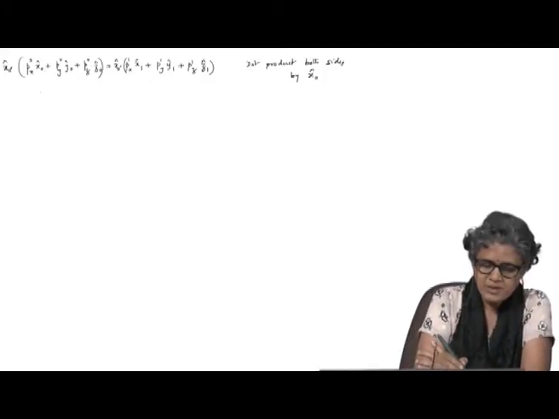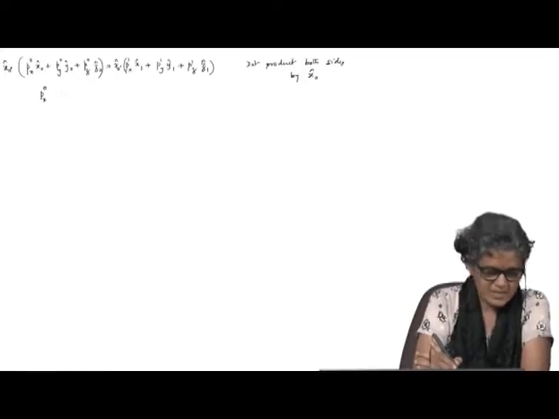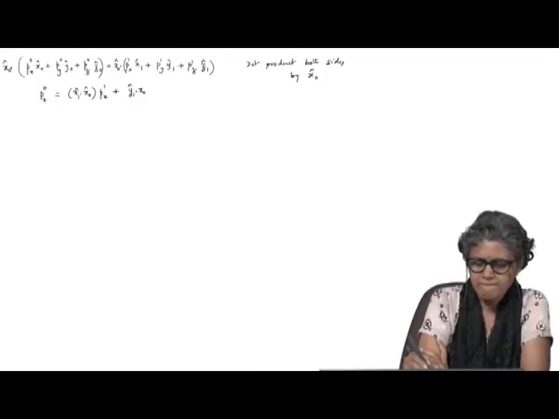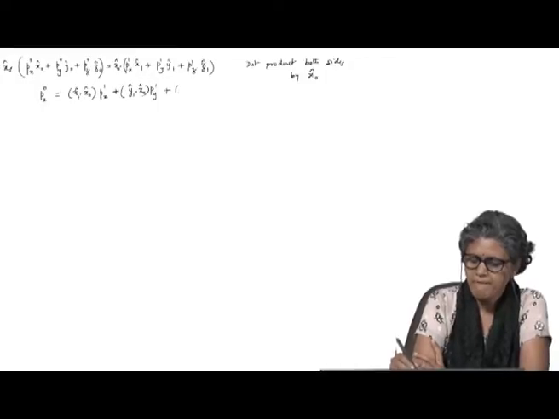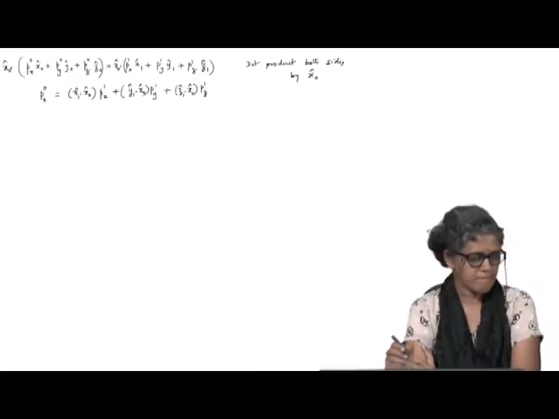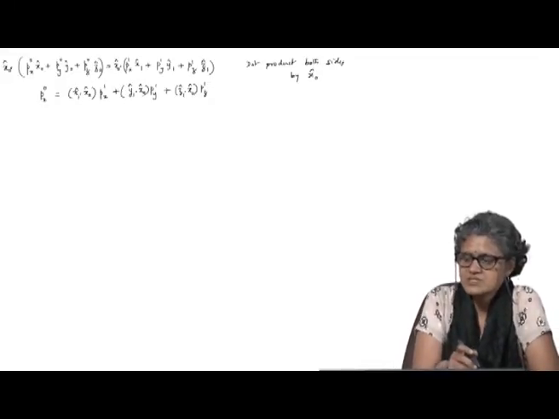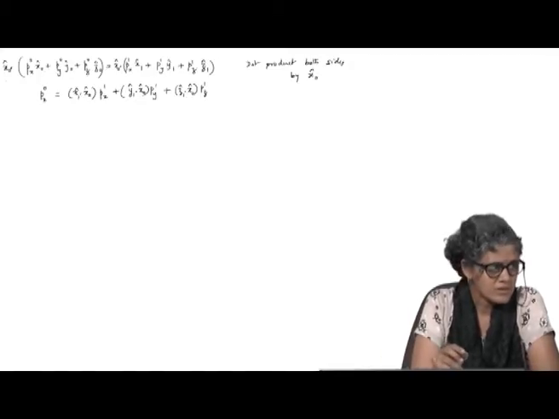So, I eliminate all the other terms on the left hand side and I get P0x equal to x1 dot x0 P1x plus y1 dot x0 P1y plus z1 dot x0 P1z.